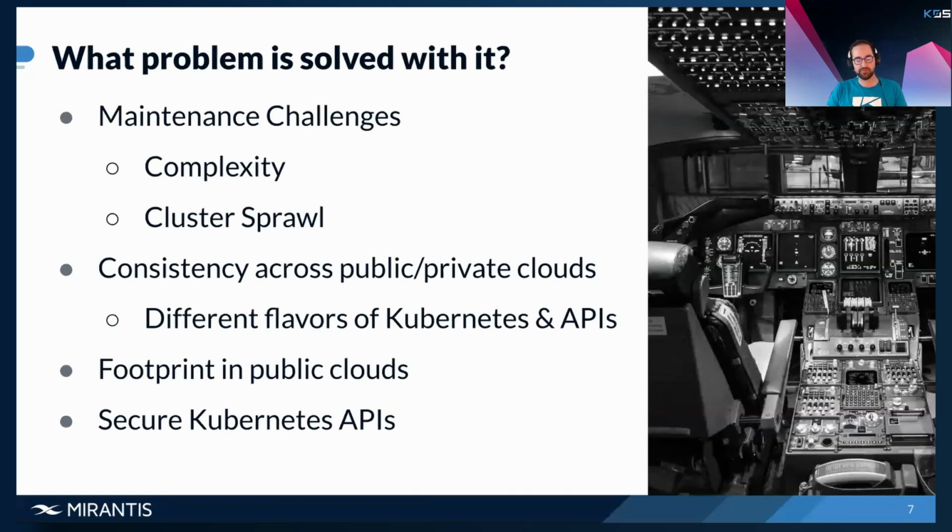Most of them have multi-cloud strategies. So you have an EKS cluster in AWS, you have an AKS cluster in Azure, and also you have a couple of on-premises Kubernetes clusters, which of course creates this cluster sprawl and complexity.